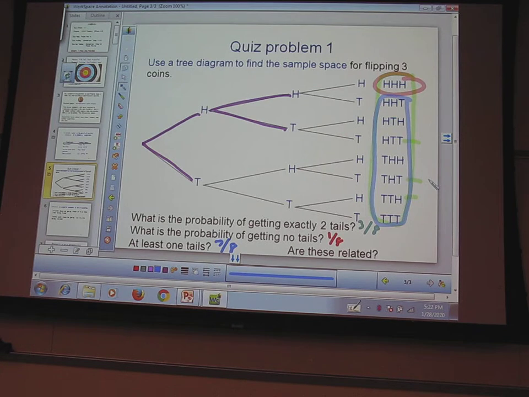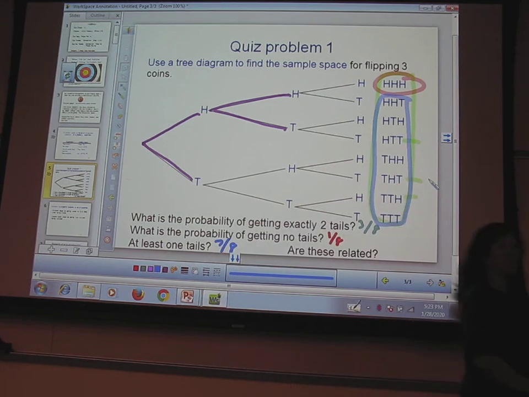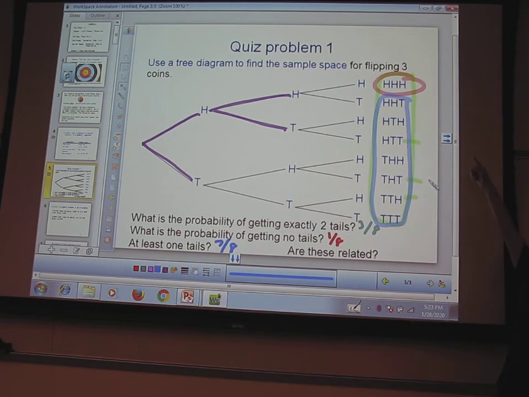Yes. How are they related? They're complements, exactly. Because you're either in the red group or the blue group. You have to be in one of the 2 groups. Everybody see those? If you add those two groups together, you get everything. They're complements. You have to be one or the other.